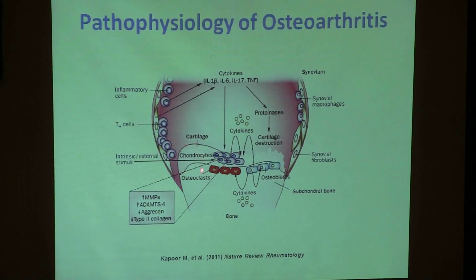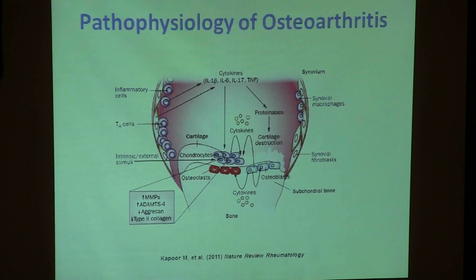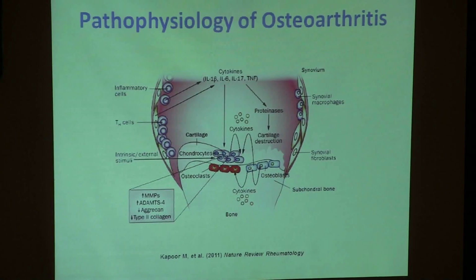Once stimulated, this could lead to a cascade of events such as upregulation of cytokines and a wide variety of destructive mediators such as matrix metalloproteases, as we already talked about in previous talks, ultimately leading to cartilage destruction. But not only chondrocytes, other cell types such as macrophages as well as synovial fibroblasts in the synovium also contribute to the disease pathology, all leading to a cascade of events and ultimately resulting in degradation of the articular cartilage.